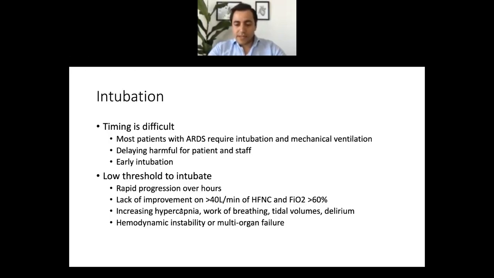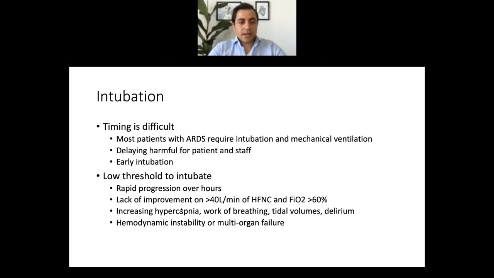But it can be tricky because patients who have COVID-19 and are hypoxemic have a high lung compliance, at which point they are not hypercapnic and they can feel like they are fine, but their blood gas and peripheral saturation can deteriorate really fast without them feeling dyspnea.